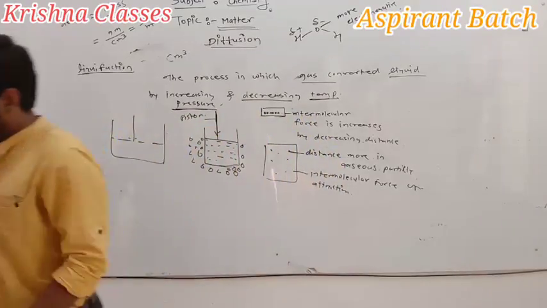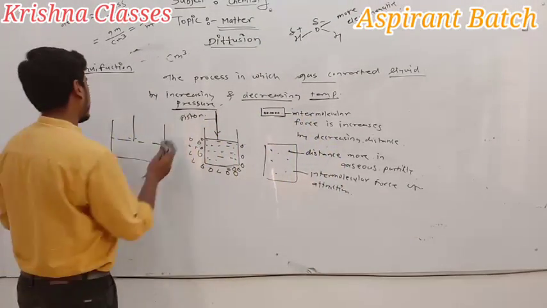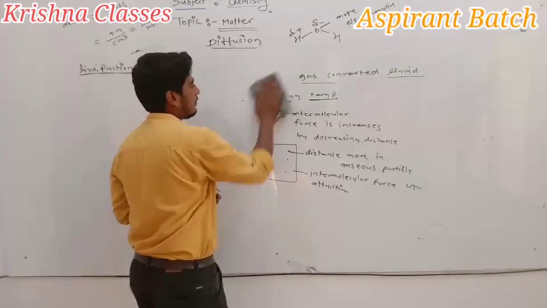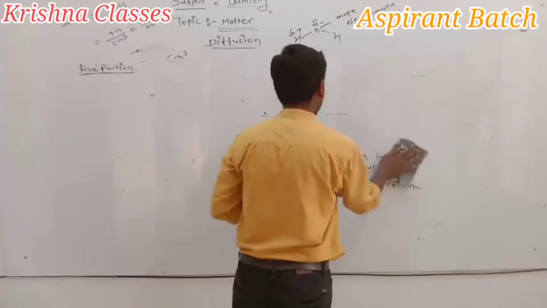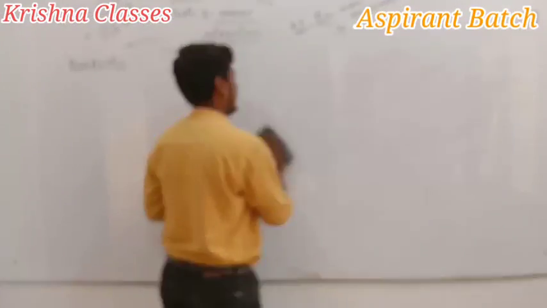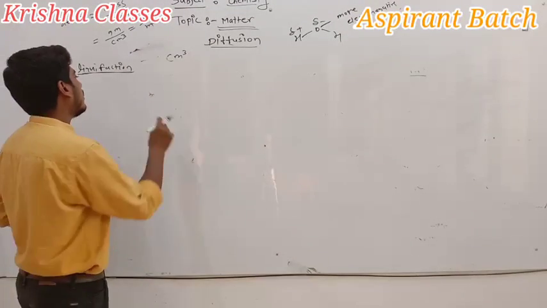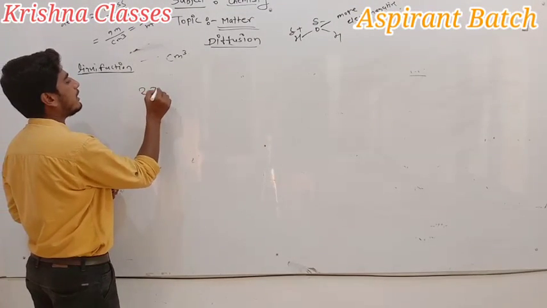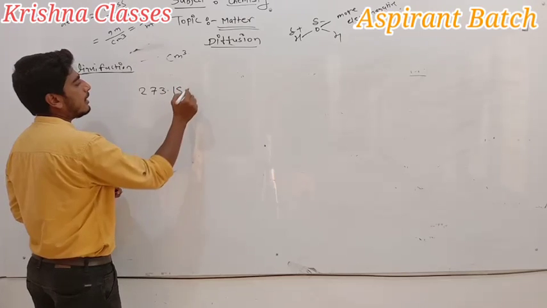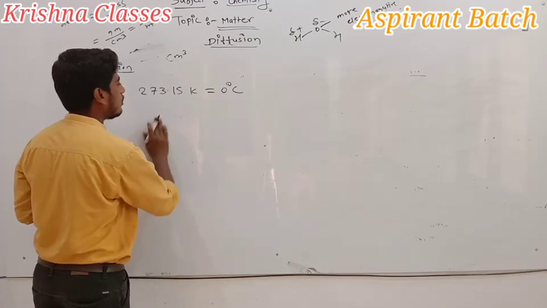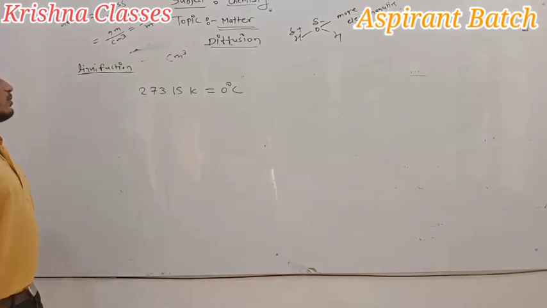Then the last concept of this topic is the conversion method of Celsius to Kelvin. We know that 273.15 Kelvin is equal to 0 degrees Celsius.